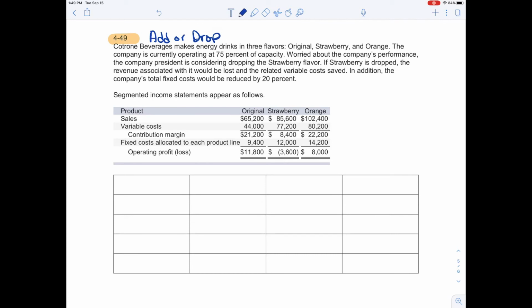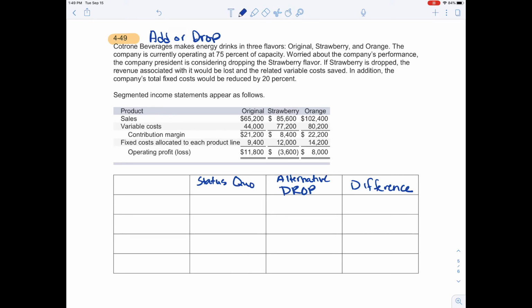So when we look at this, again, we're going to just build this little financial statement showing us the alternatives. First, we're going to look at the status quo, what it is now. Then we're going to consider the alternative, which would be to drop the strawberry line. And then we're going to look at the difference.